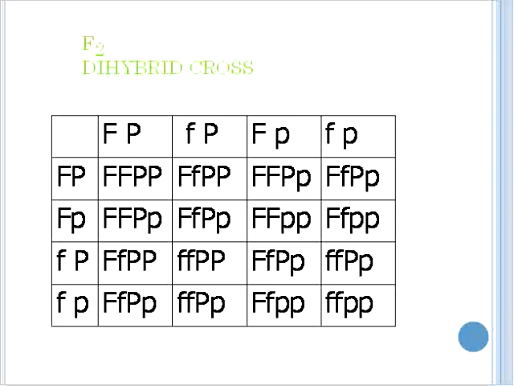Once you have your Punnett square completed, you then need to interpret the results of that square, writing down the genotype and phenotype of each of the potential offspring. Remember, these are potential offspring. Punnett squares give you percentage ratios.